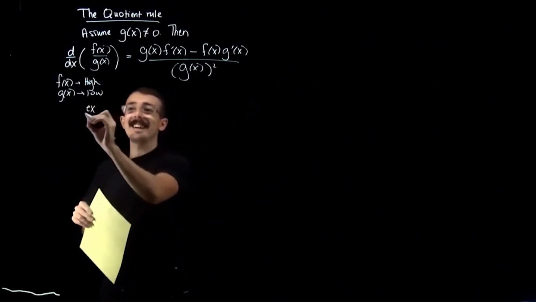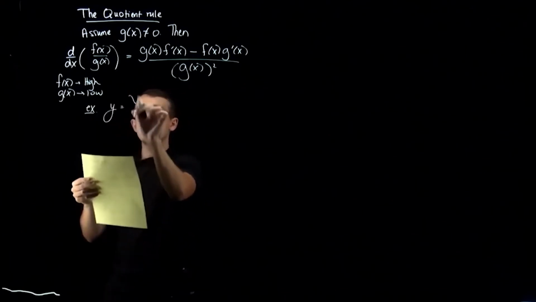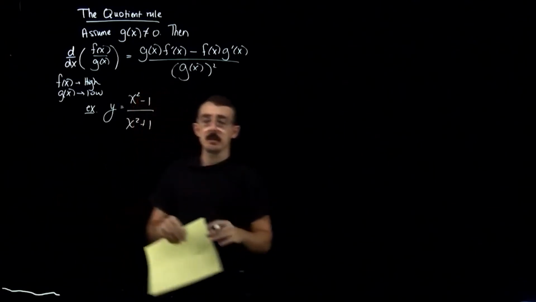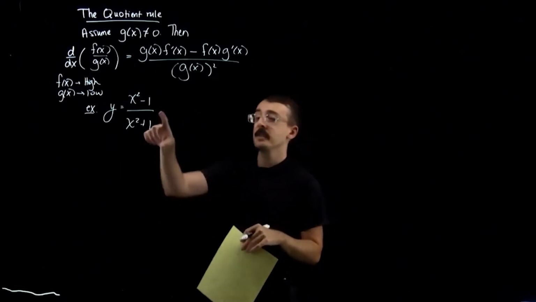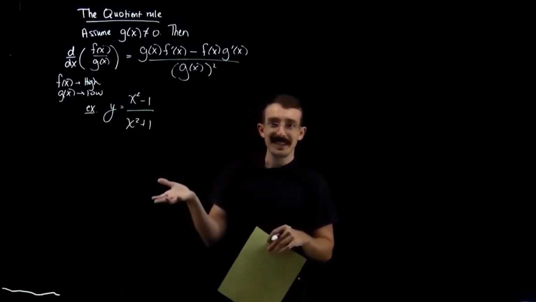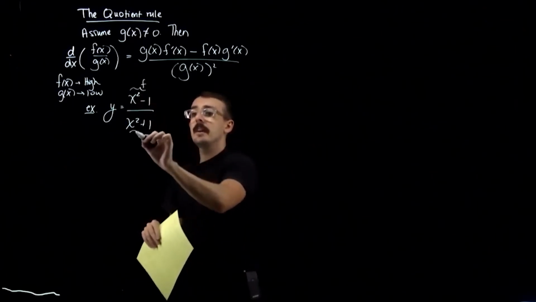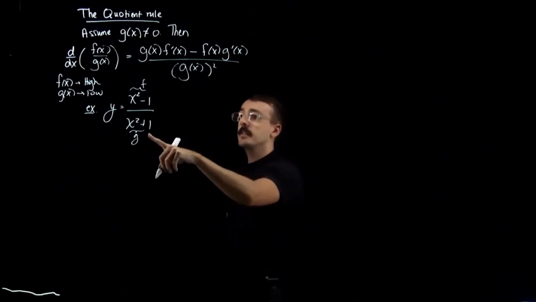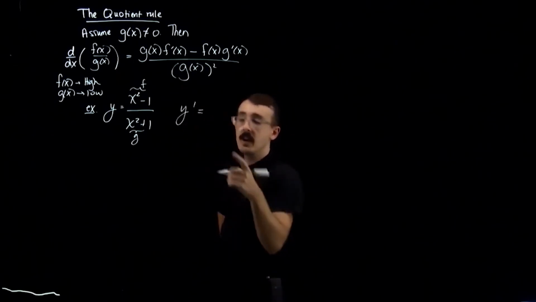All right, let's give this a shot. So we're going to say y is equal to x squared minus 1 over x squared plus 1. You would recognize this as quotient rule right away because you see this huge division bar. That's usually the dead giveaway. So you would call this one f, and this function is g. So first I write y prime to indicate I'm taking the derivative.